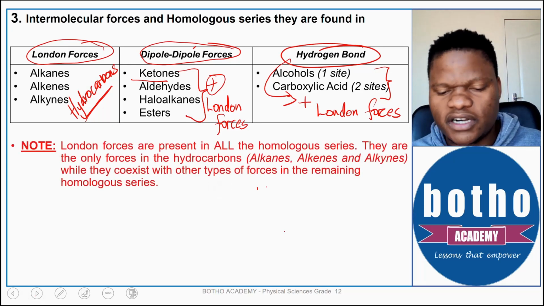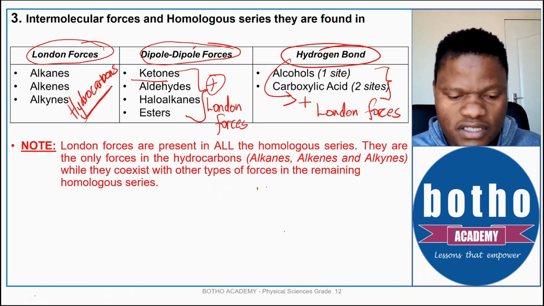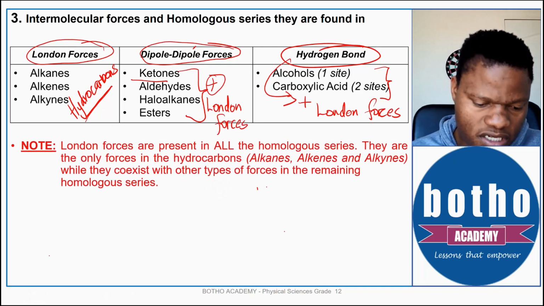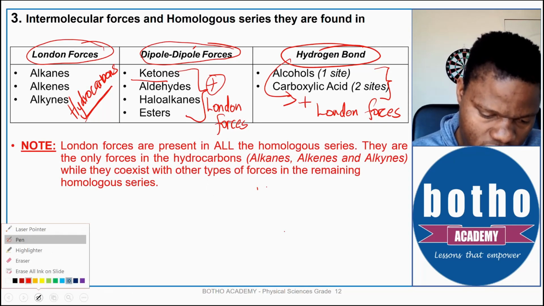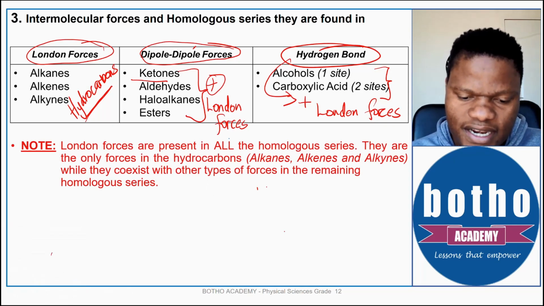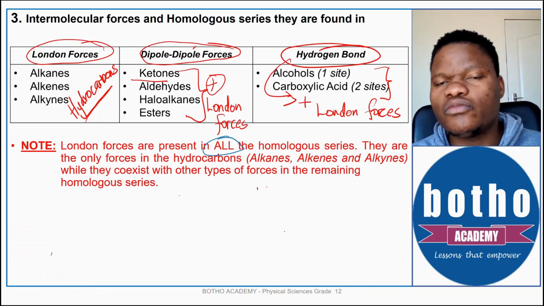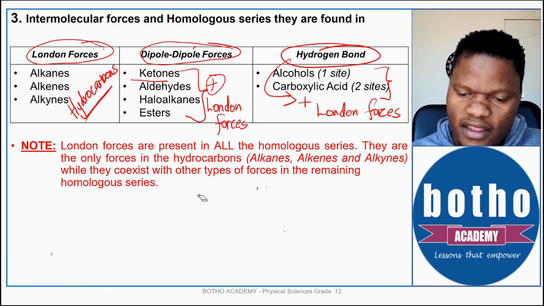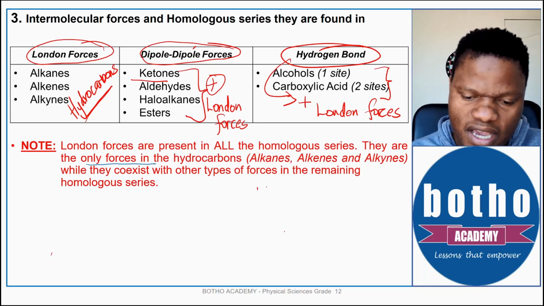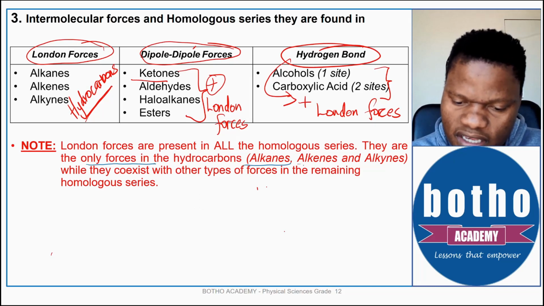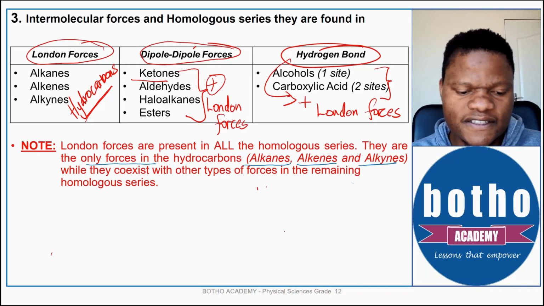I've also summarized this in this line here, where I indicate that you should know that the London forces are found in all the homologous series. They are the only forces that are present in the hydrocarbons, being alkanes, alkenes, and alkynes.